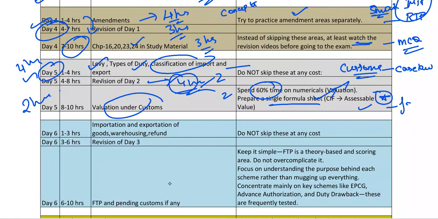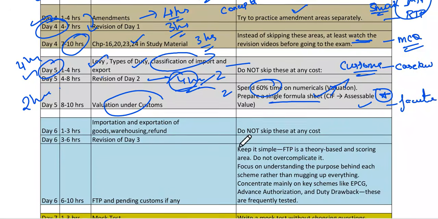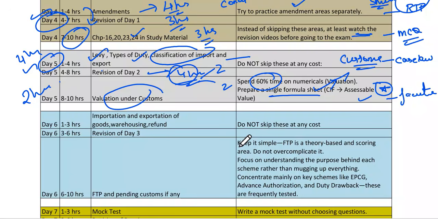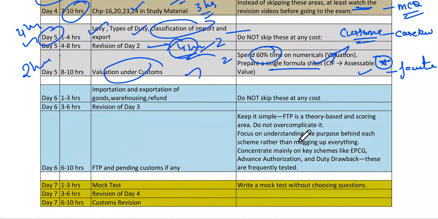Many faculties have shared this sheet, or you can prepare your own sheet. Once you do it, you can easily revise your valuation and the customs part within 15-20 minutes.